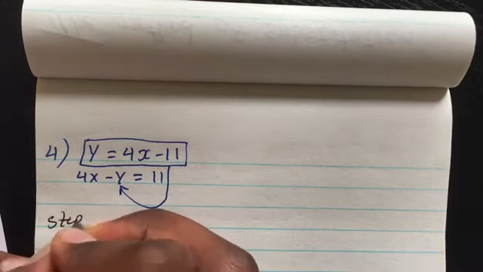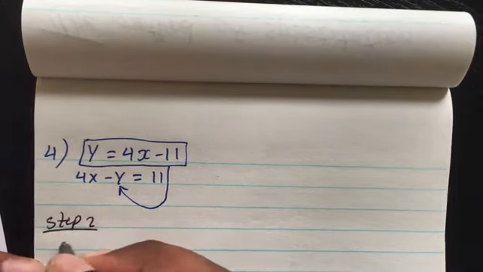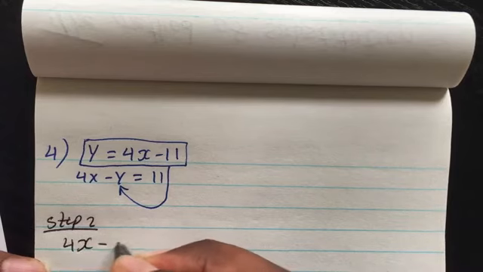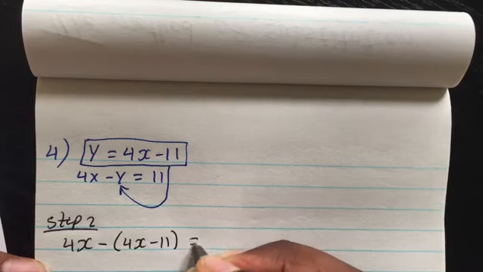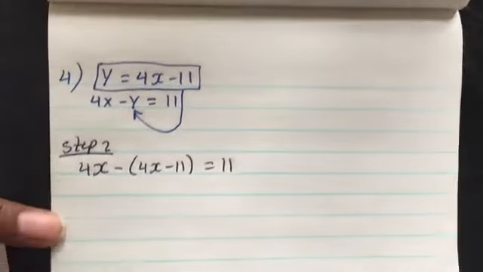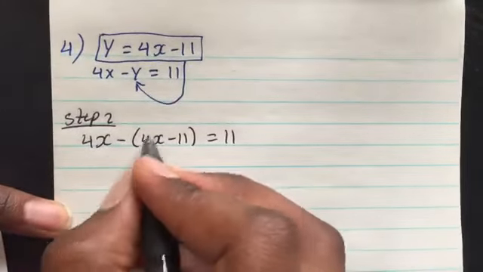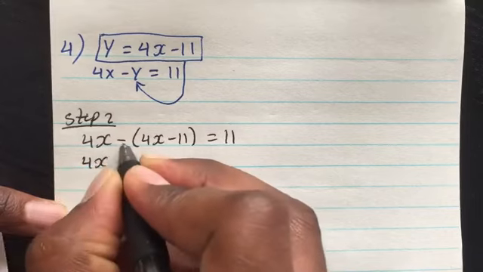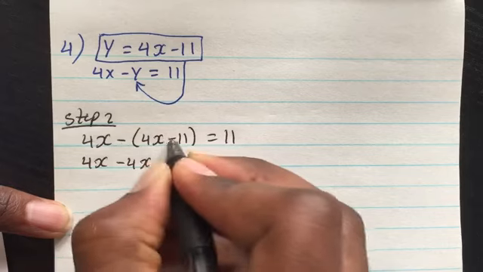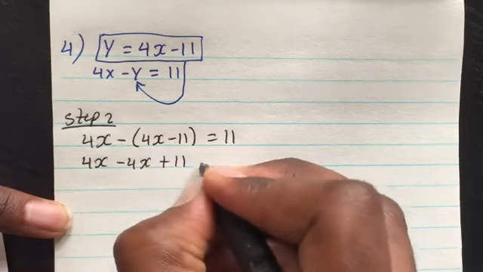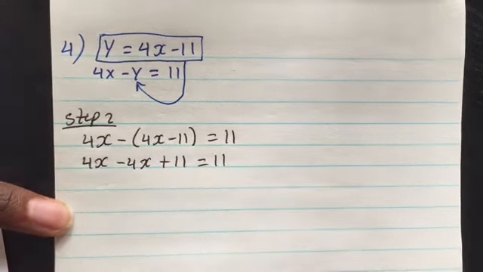So step 2 says 4x minus your y, we know y equals 4x minus 11, equals 11. Distribute: negative 1 times 4x is negative 4x, and negative times negative makes positive 11, equals 11.